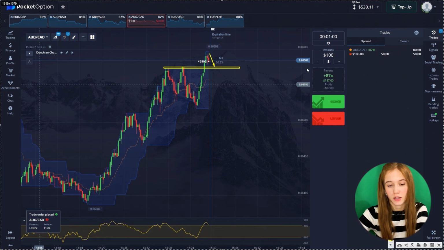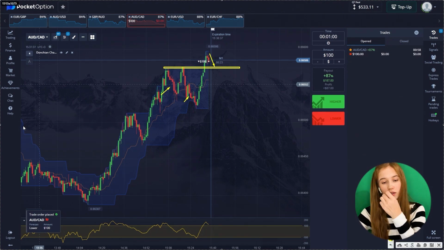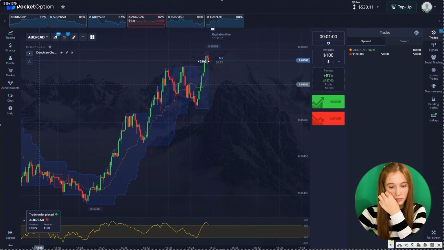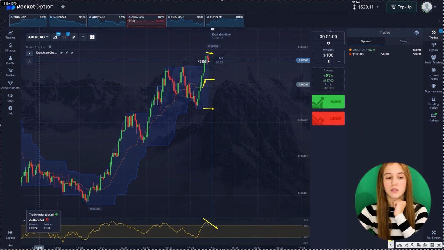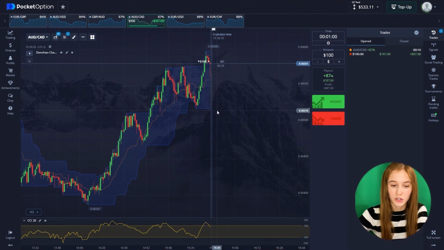Yeah, some drawdown on this. We should rapidly open a deal. I think the reversal will not be as big as the previous one. On the second indicator, the same situation.